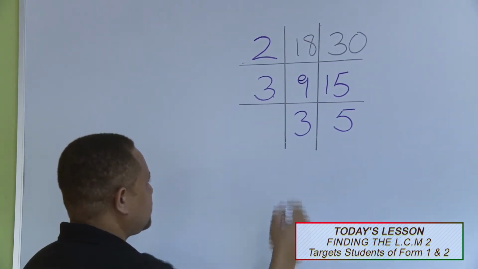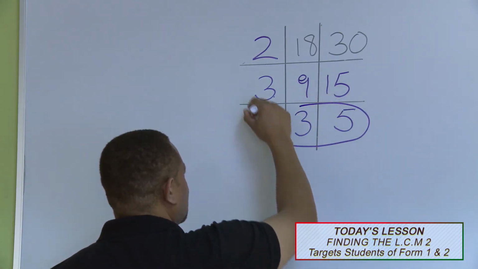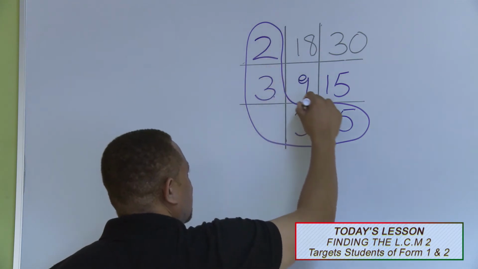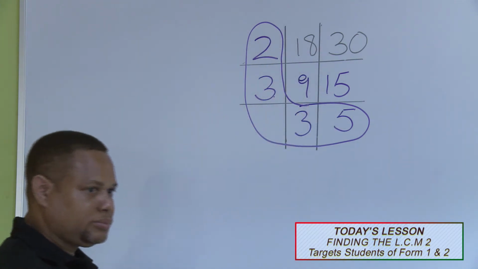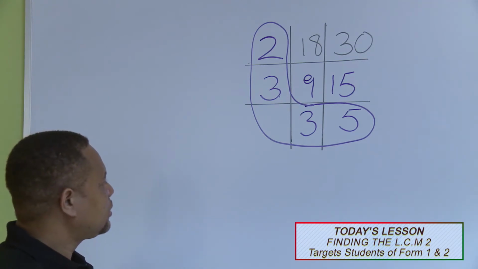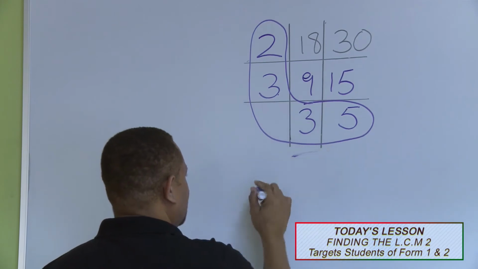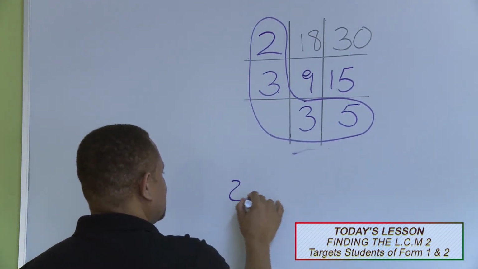So in effect, we can circle the prime factors and then write a multiplication sentence.